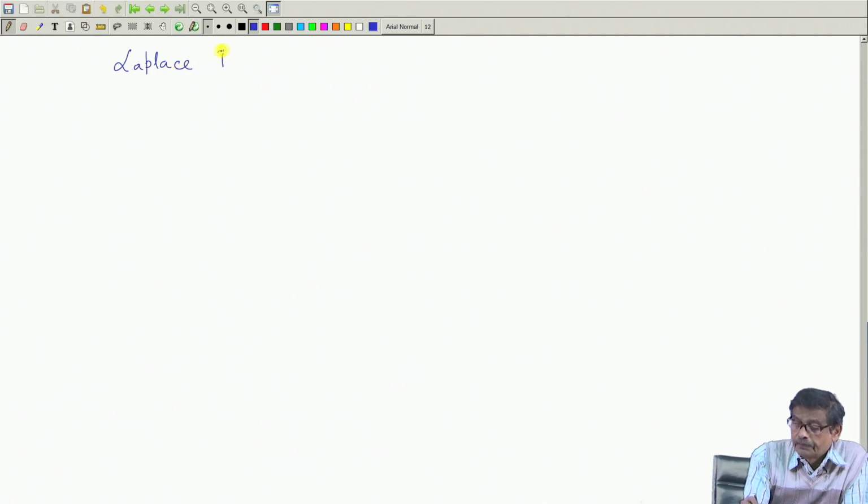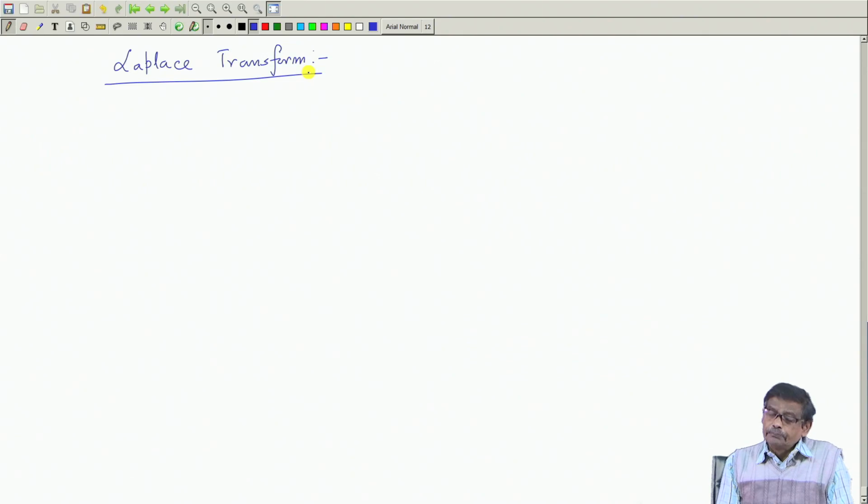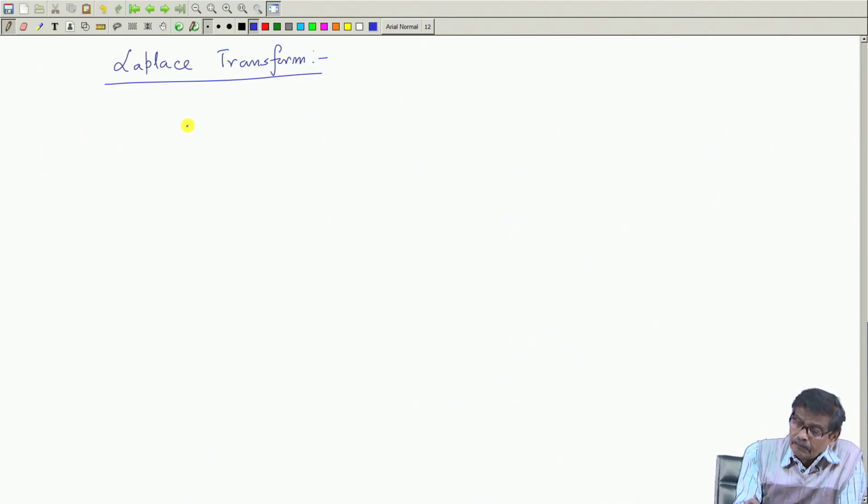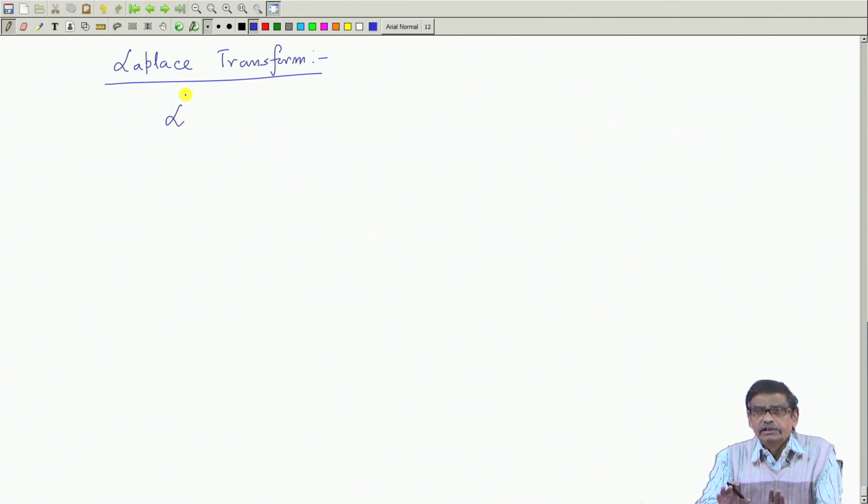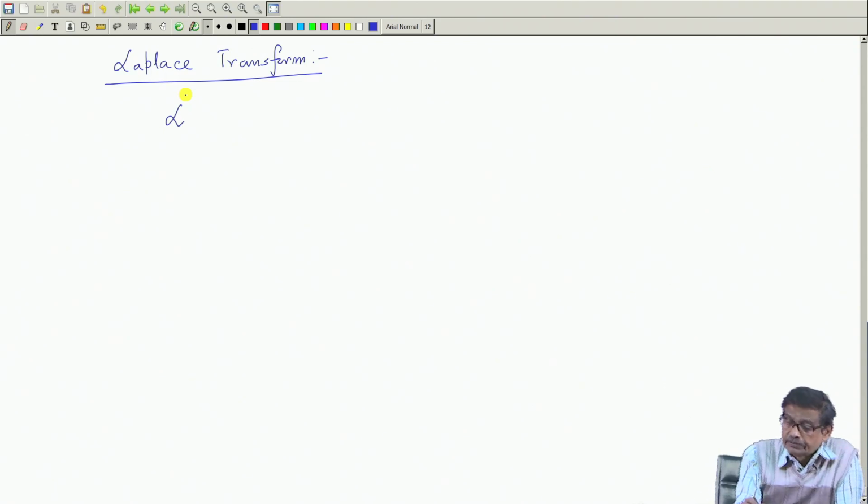Laplace transform. Now, Laplace transform is generally written. We will not go into deep detail. We will start with the formula of Laplace transform, because here only the solution of circuit we will be examining using Laplace transform.